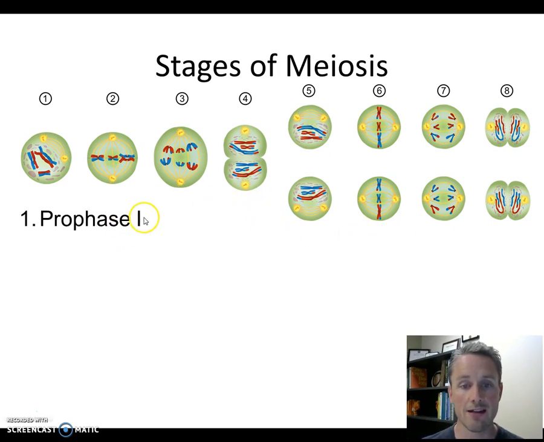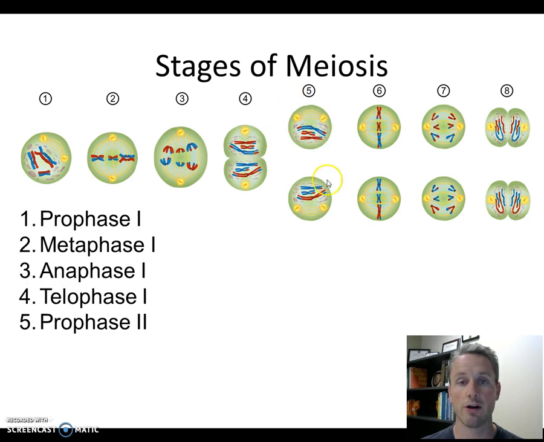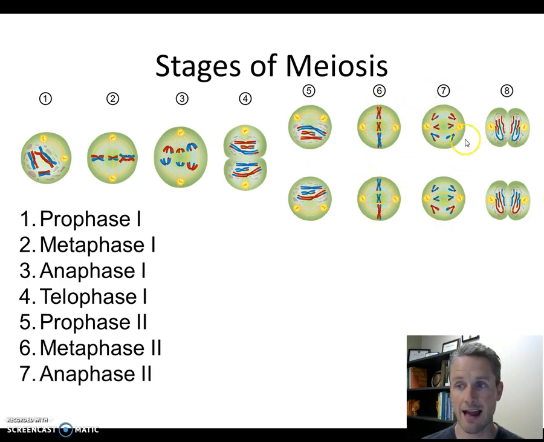We're going to go through Prophase I, then Metaphase I, then Anaphase I, then Telophase I. After Telophase I, we repeat these steps over again, and in the 2 cells that we have after Telophase I, we're going to go through Prophase II in both of those cells. Then they go through Metaphase II. Then the next step is Anaphase II. And we follow up with Telophase II.